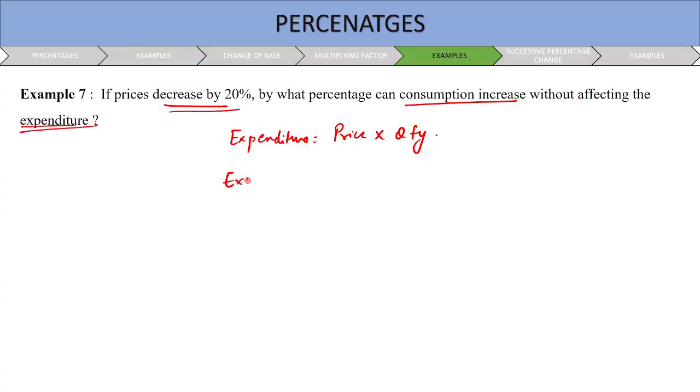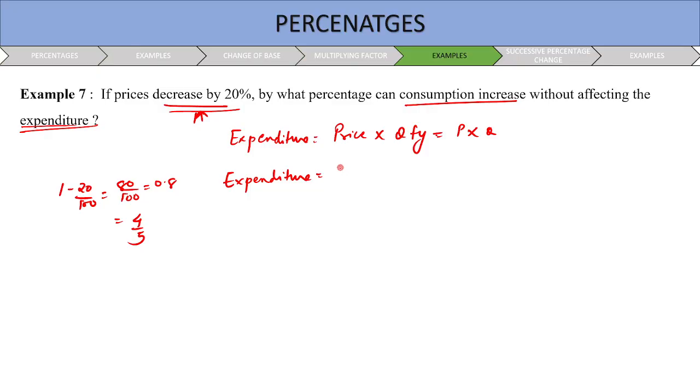So my expenditure needs to be the same, which I can write as P into Q. And it is saying that my price is decreasing by 20%. So 20% means 1 minus 20 by 100 equals 80 by 100, or I can write it as 0.8, or I can simplify this in the form of 4 by 5.